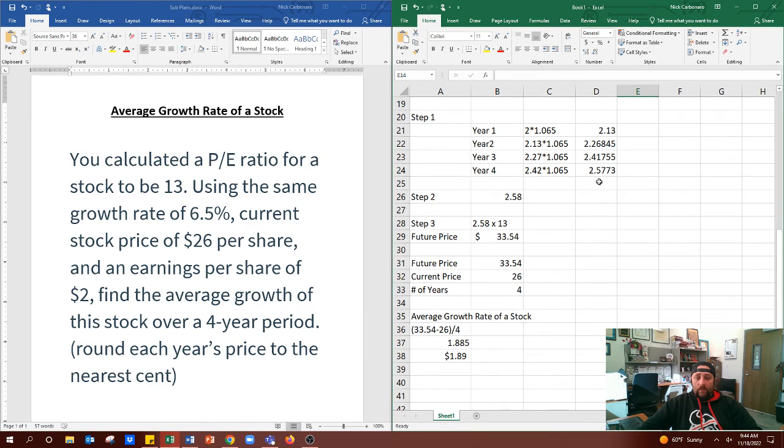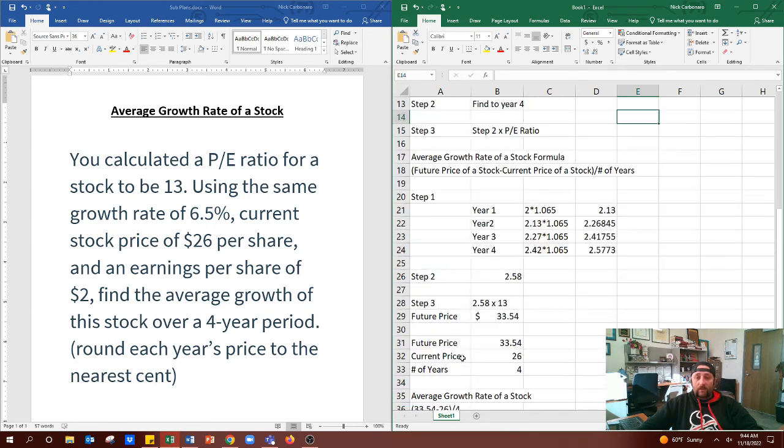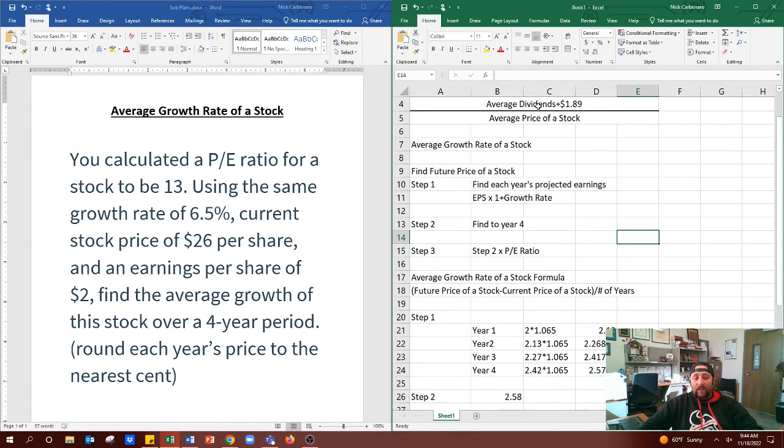And this shows all those calculations that we've done for that. We've found to year 4, we put year 4 there. We multiplied year 4 times the PE ratio of 13. That gave us our future price. With our future price, we could plug it into the average growth rate of a stock formula. Once we got the average growth rate of a stock, we could add it into our formula that's up here that I changed to represent where it was in the formula.